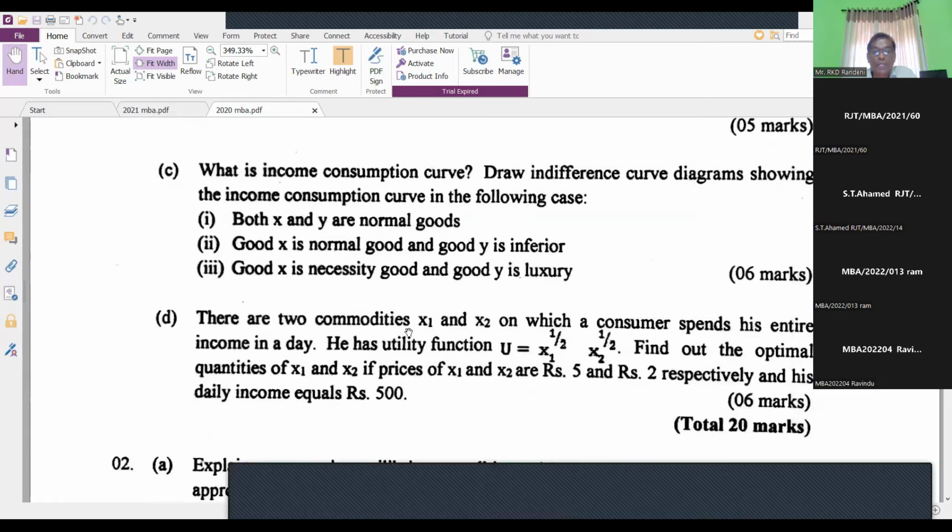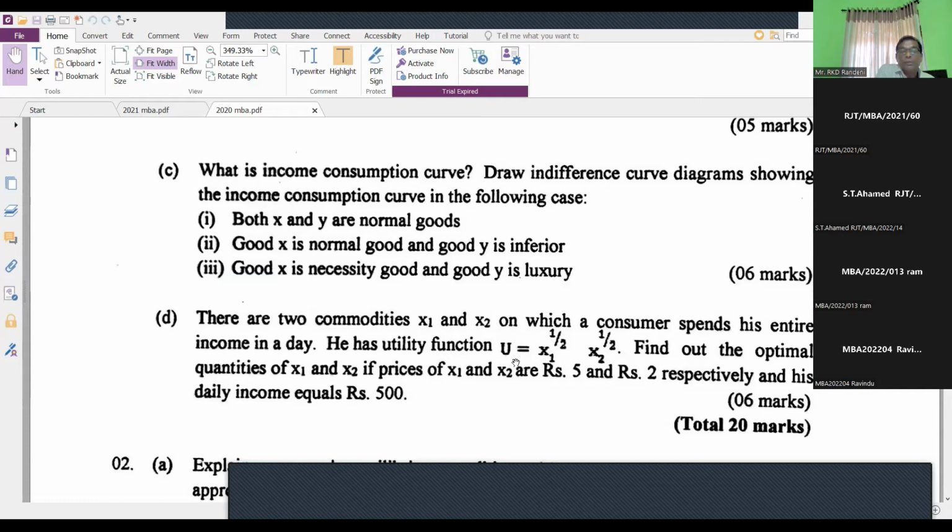Now there are two commodities, X1 and X2, on which a consumer spends his entire income in a day. He has a utility function, U equals X1 to the power half, X2 to the power half.